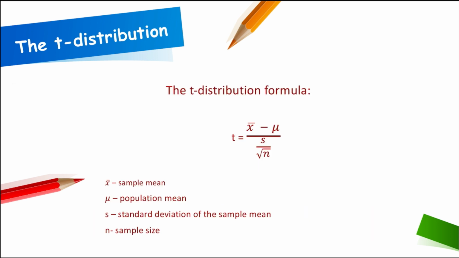Okay, what is the formula of the t distribution? So for our formula, t is equal to the sample mean minus mu divided by s over the square root of n, where x bar is equal to the sample mean, mu is equal to the population mean, s is the standard deviation of the sample, and n is equal to the sample size.